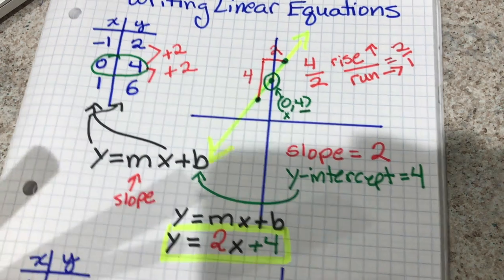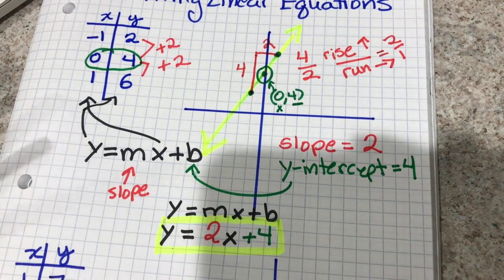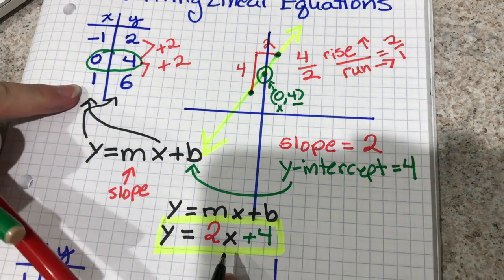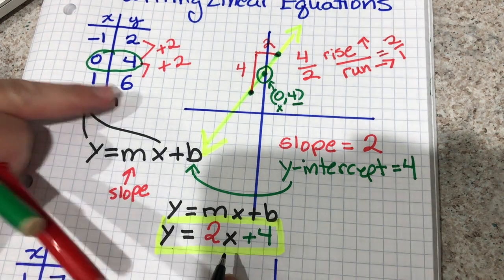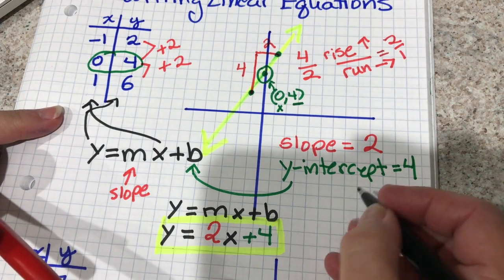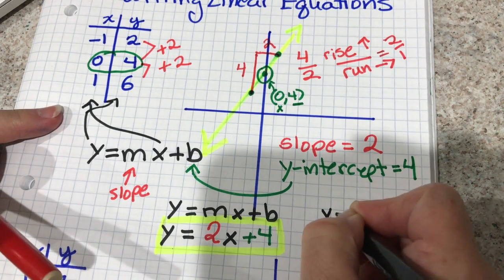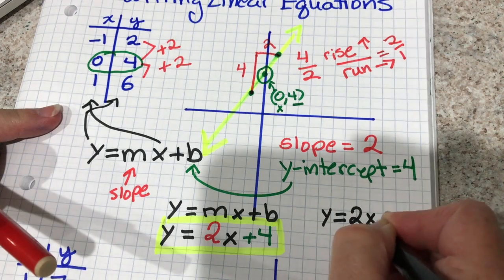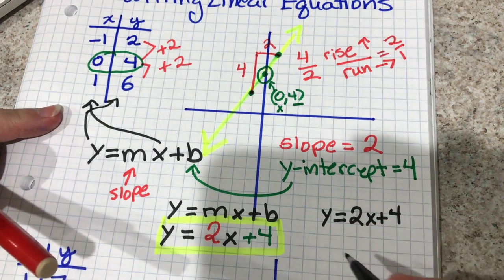Now we can make sure that our equation is correct by substituting numbers in for x. So we already know that if x is 1, y should be 6. So let's try it out. I'm going to rewrite the equation. Y equals 2x plus 4.